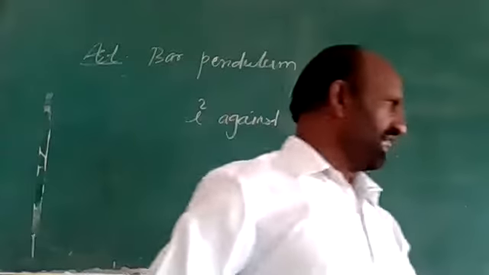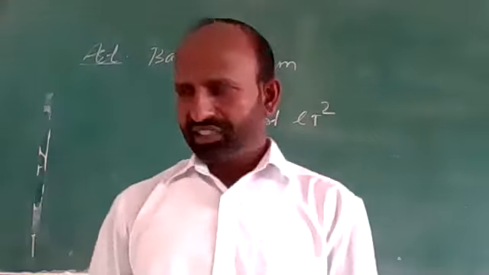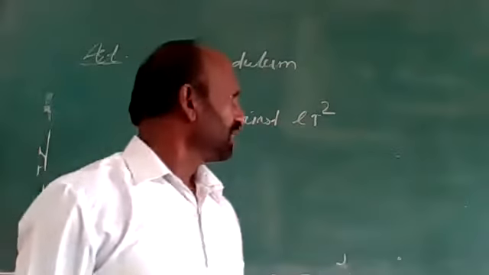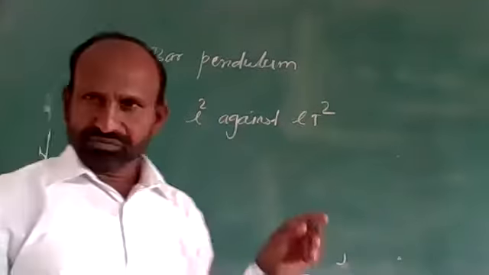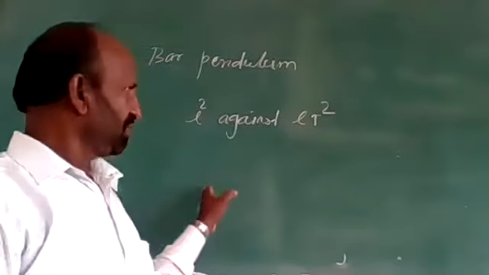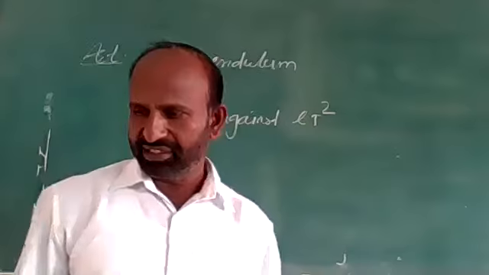So, in this way, we can perform that experiment of a bar pendulum for different values of L. L is the distance of the point of suspension from the center of gravity, and T is the corresponding period.